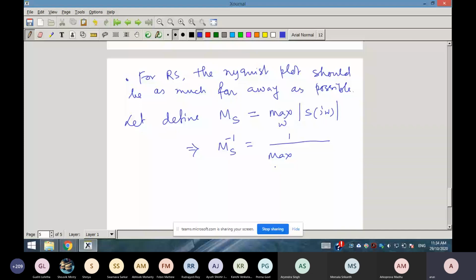So this means Ms inverse is equal to the minimum over omega of the modulus of 1 plus L(j omega).